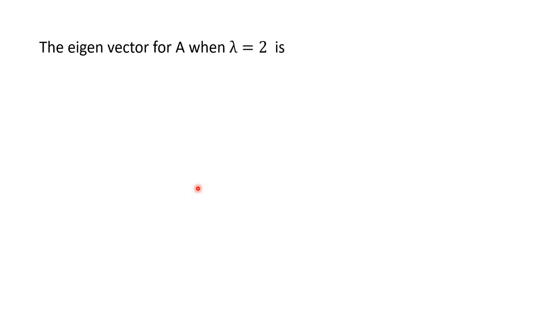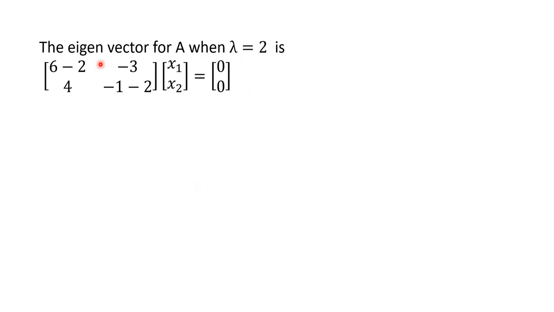Now we find the eigenvector for A when lambda equal to 2. That is, we take the matrix A minus 2I into [x1; x2] equal to [0; 0]. A minus 2I is [6 minus 2, minus 3; 4, minus 1 minus 2] into [x1; x2] equal to [0; 0]. So 6 minus 2 is 4, minus 3, and 4, minus 1 minus 2 is minus 3.